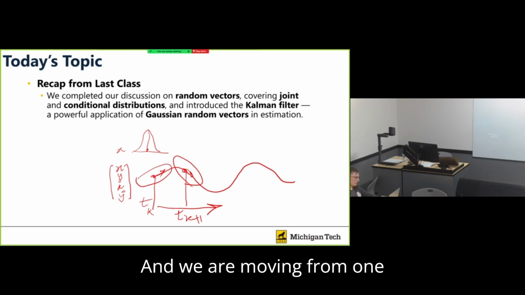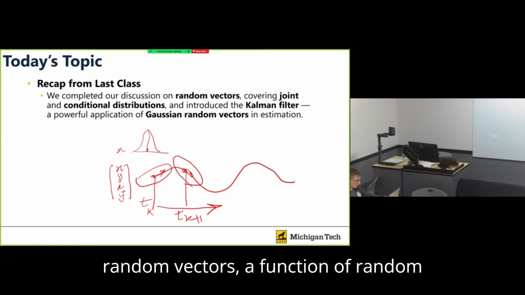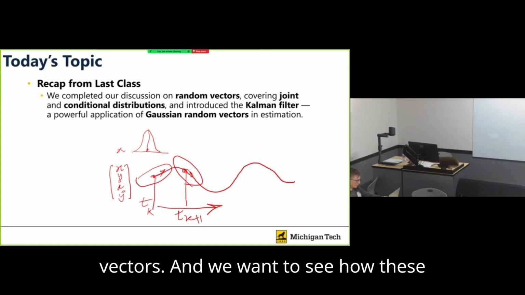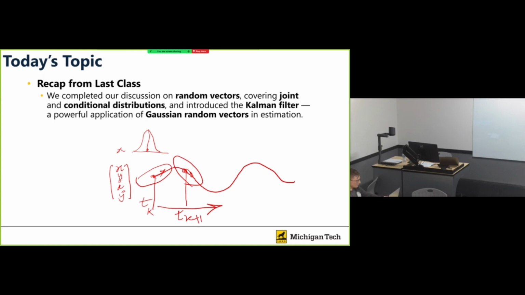We are moving from one variable to multiple variables in a random vector, to a function of random vectors, and we want to see how these random vectors change in time.